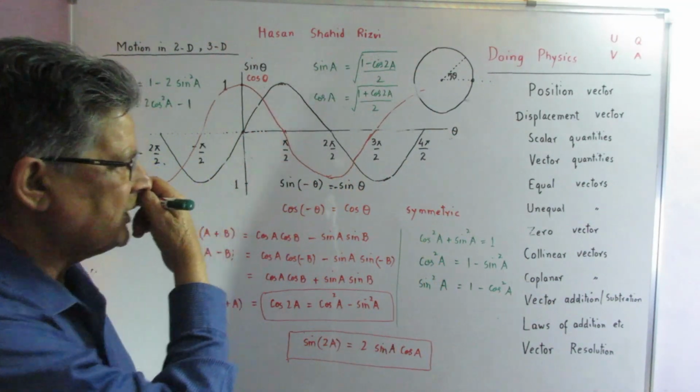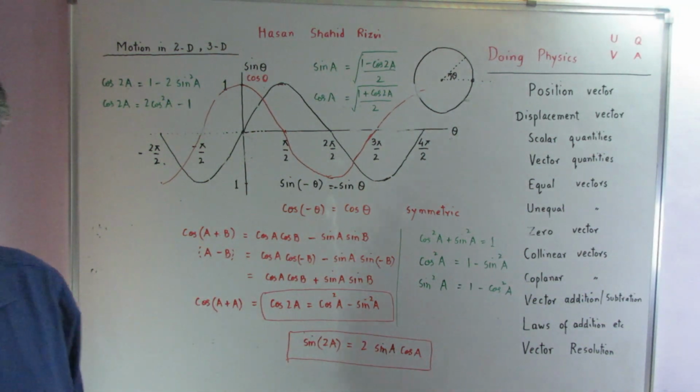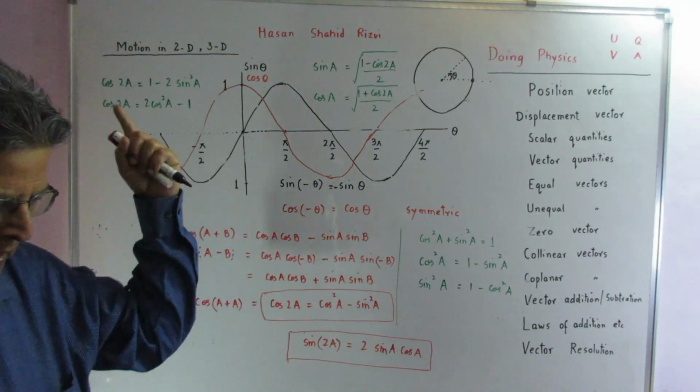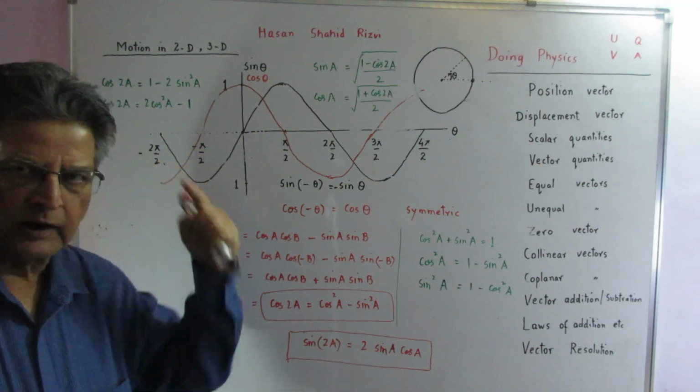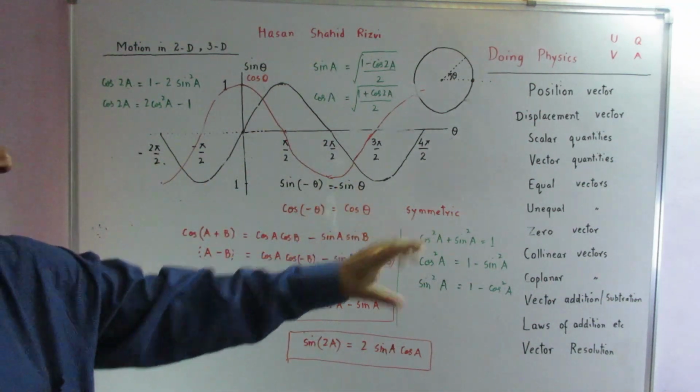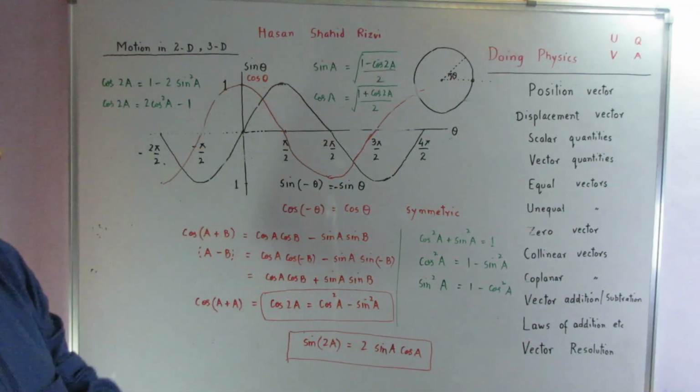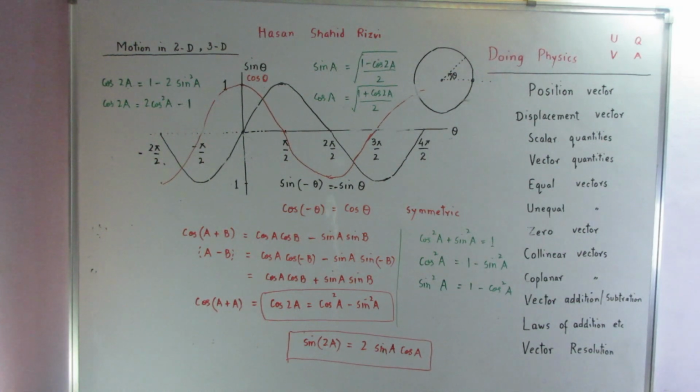So these are some of the results which we should be able to recall. By small scribbling, these values can be obtained.